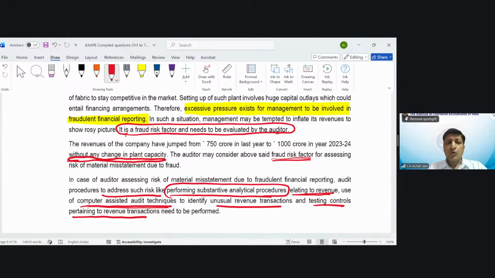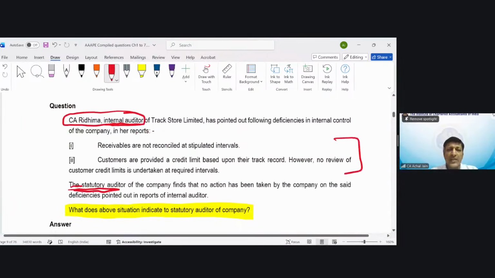So all of these are the procedures you will think of as an auditor. Right? Next.